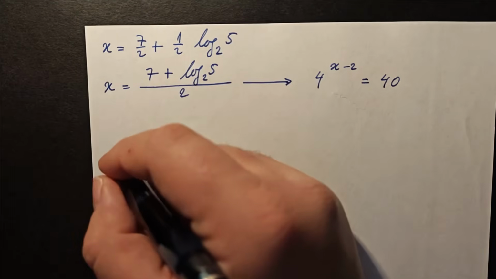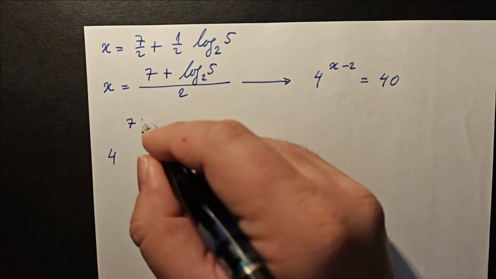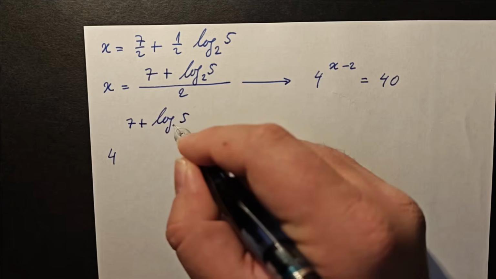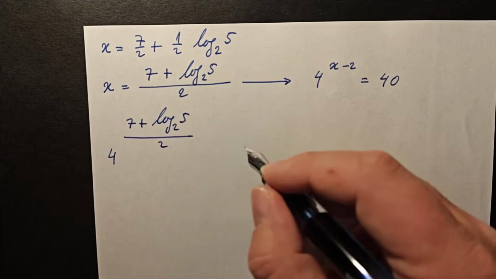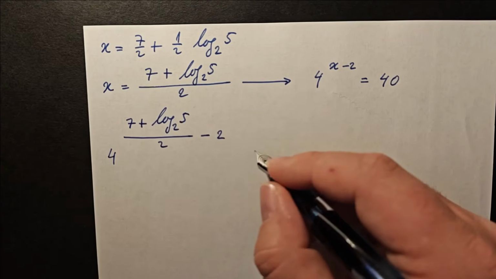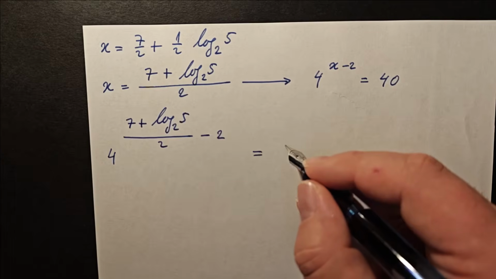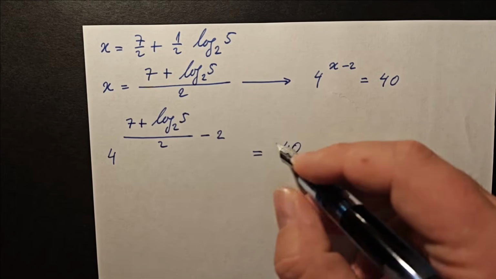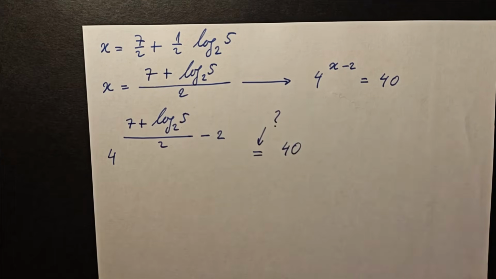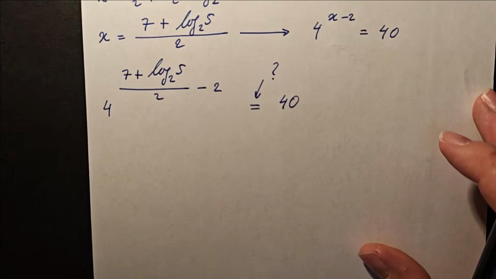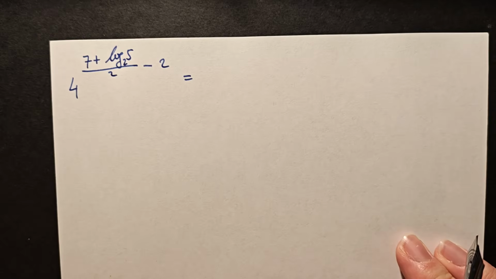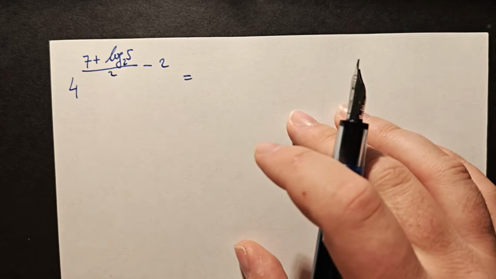So we have that 4 to the power of 7 plus logarithm of 5 for the base of 2 divided by 2 minus 2, and our goal is to prove that this is equal to 40. This equation has to be proven. And in order to prove that the equality holds true, we are just going to calculate this term.